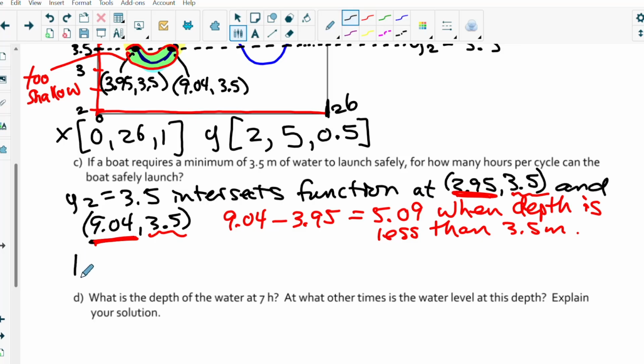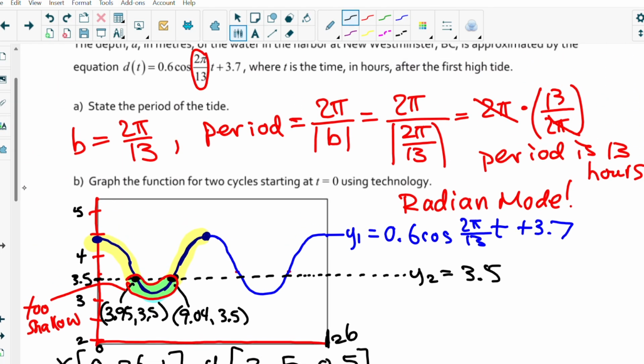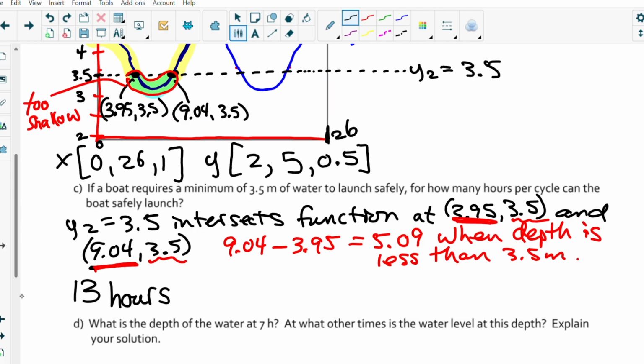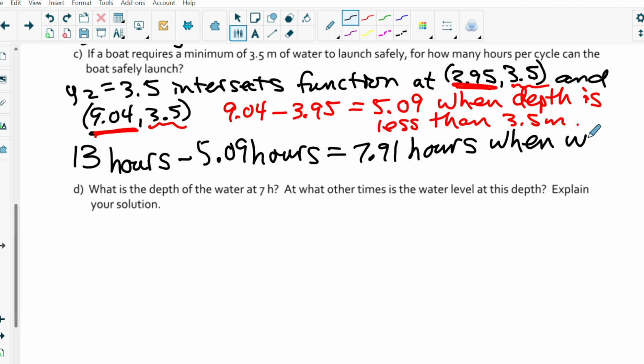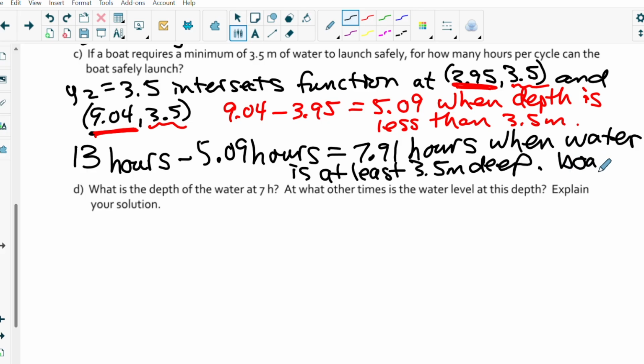Okay, so in a 13-hour cycle, that's my period, minus 5.09 hours, that gives me 7.91 hours when water is at least 3.5 meters deep and the boat is safe to launch.